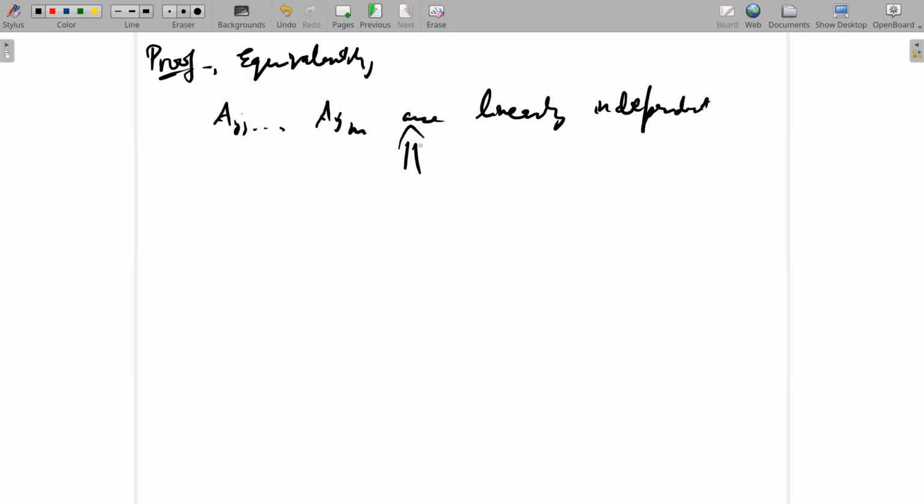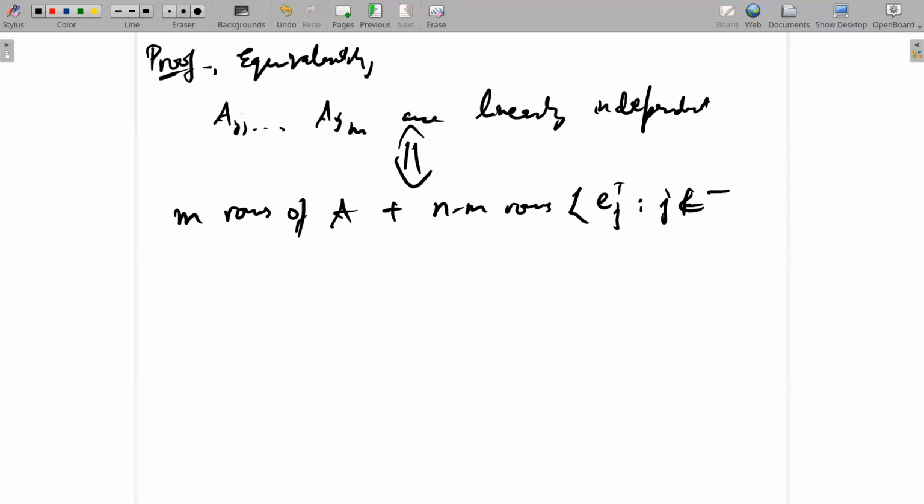This holds if and only if the m rows of A, meaning all rows of A, plus n minus m rows consisting of e_j transpose, where j does not belong to this indexing set J, of I_n, all combined are linearly independent. This is what we want to prove.